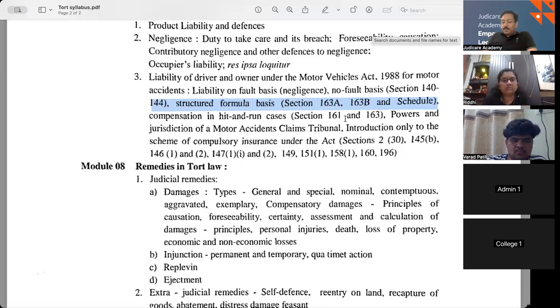Basically, under section 230, it talks about the insurance which has to be done. I will omit this because it's a simple definition only.